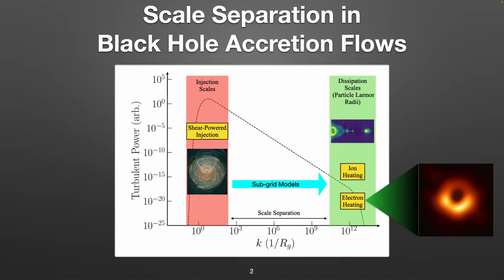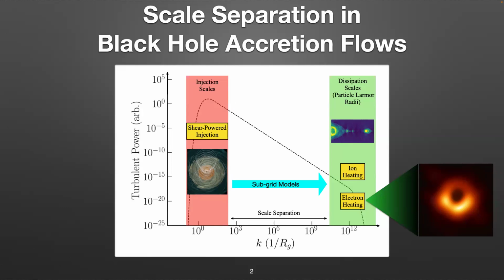Now, numerical studies on the left are very important to understand how things move around these black holes, but we would not infer much about how the structures in the black hole are supposed to look, supposed to move, or even how the spectra look, unless we know the right-hand side of the spectrum, right? So, in order to facilitate the bridging of scales, what we need is subgrid models.